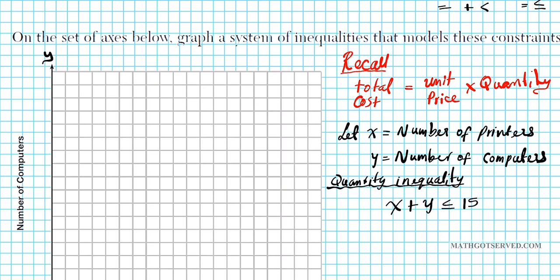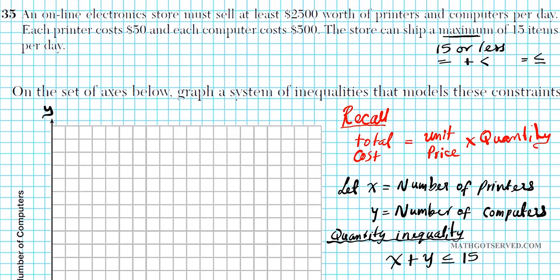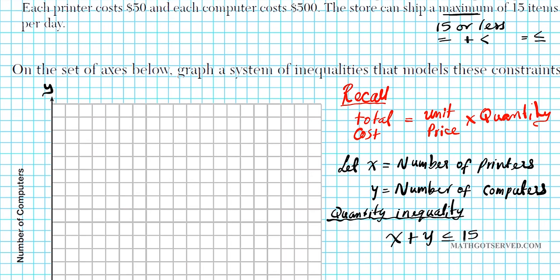The next one is the total cost inequality. Let's write it down. What's the total cost inequality?